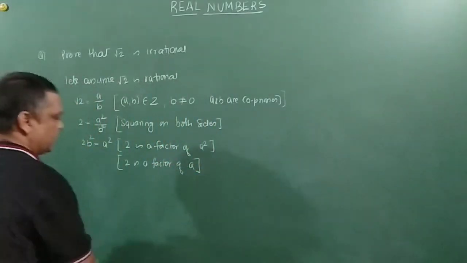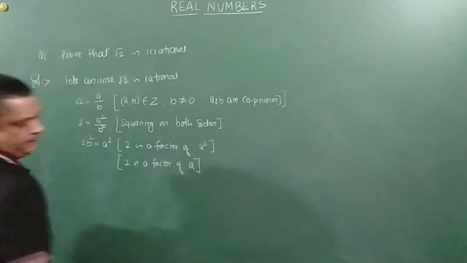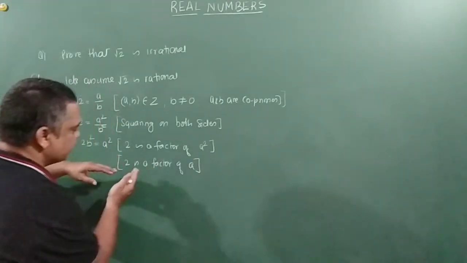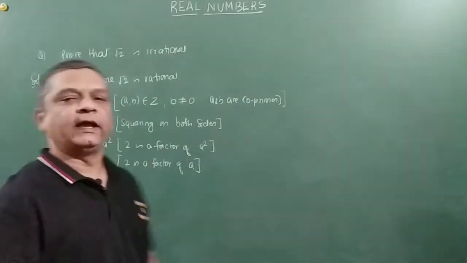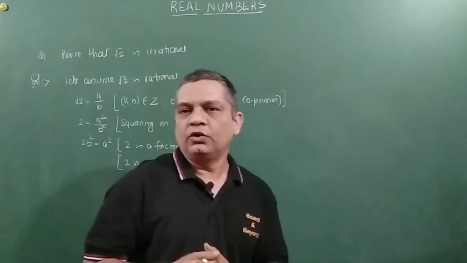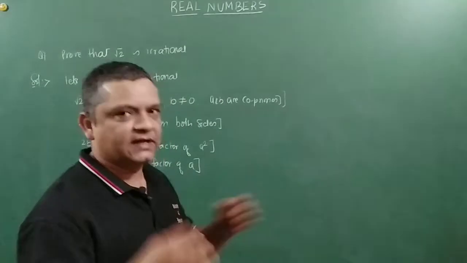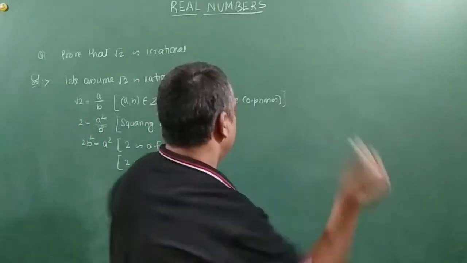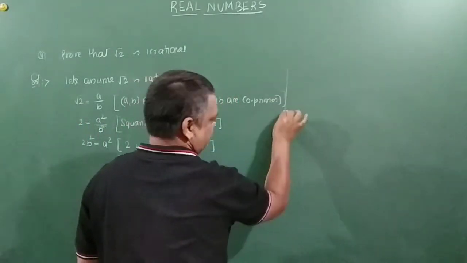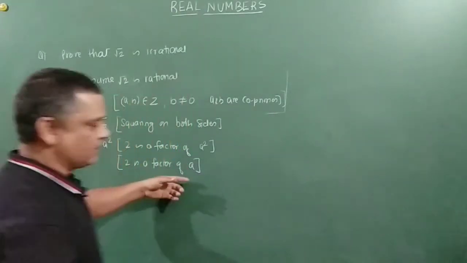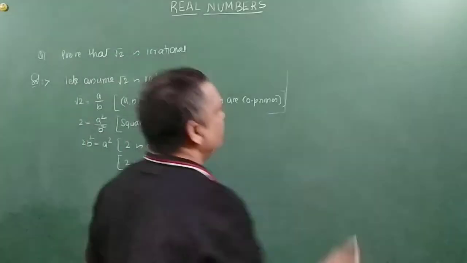Simple logic. So we stop it here. Now we have seen that 2 is a factor of a. That means a is a multiple of 2. Both are the same thing, factors and multiples. Both are not the same, but if 2 is a factor of a, then a is a multiple of 2.